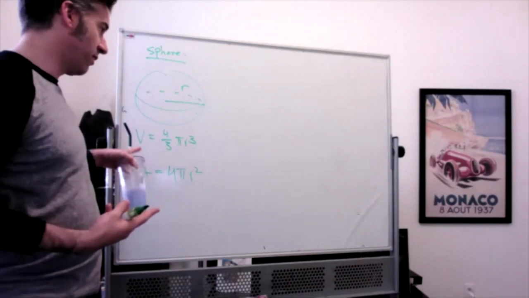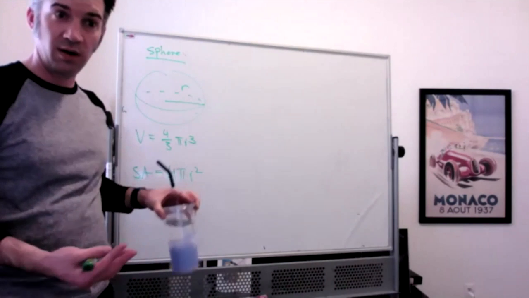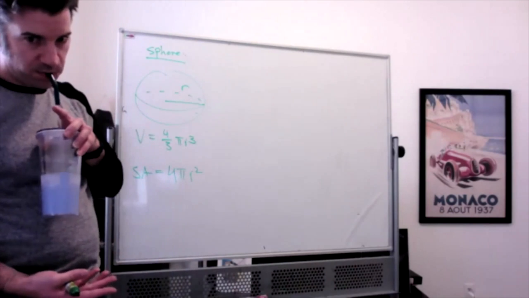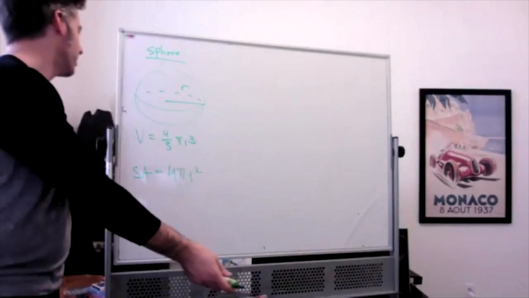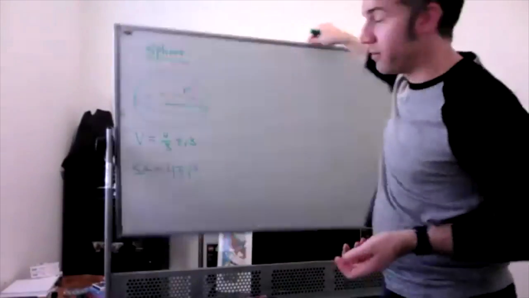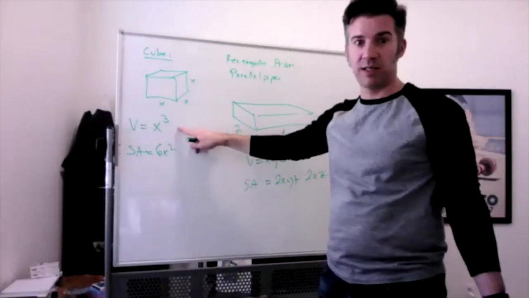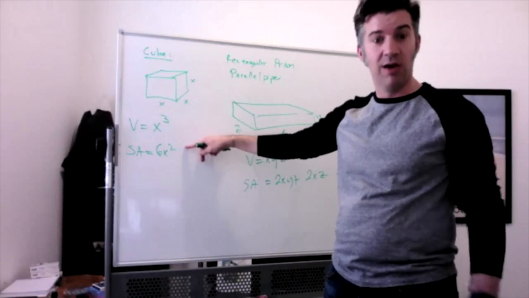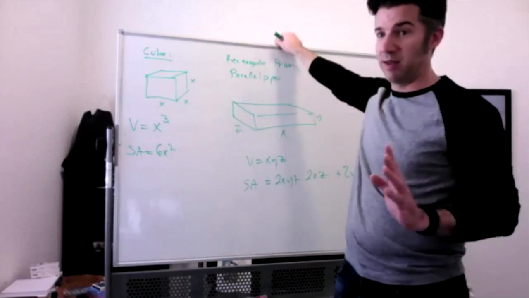So the derivative of volume is surface area, and in the circle, the derivative of area is circumference. I know you all are very impressed by that interesting fact. It's not true for other things, though. For a cube, the volume is x cubed, and the surface area is not 3x squared, it's 6x squared. So don't confuse this piece of information for anything other than what it is.